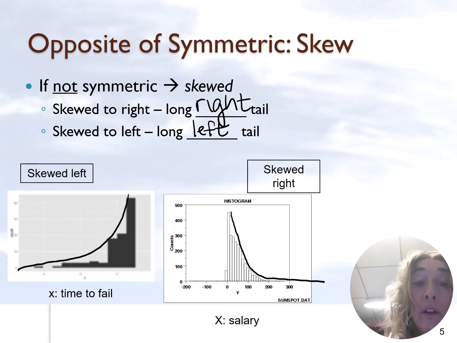In terms of skewed left, time to fail data is often skewed left. So if our variable is time to fail, which is shown on the x-axis, you hope that many fewer items, which is represented as your frequency on the y-axis, will fail early.